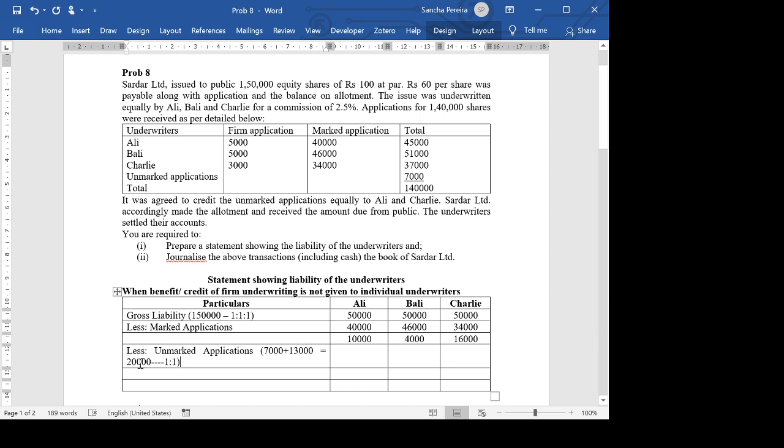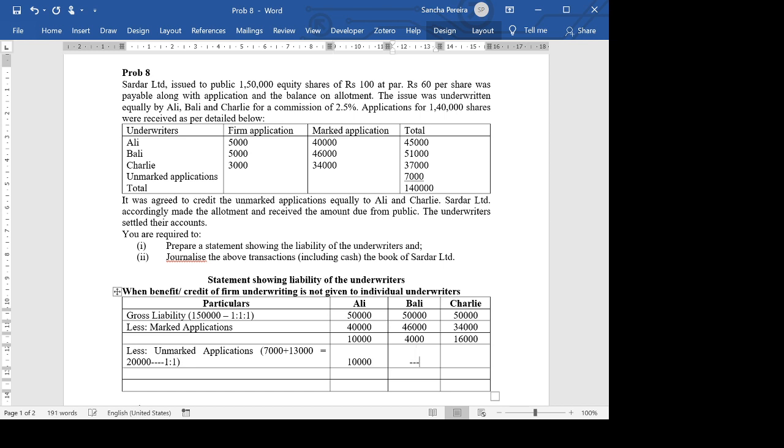So how did I get this 20,000? 7,000, which is your actual unmarked applications. To this, I add the firm underwriting, 5 plus 5 plus 3, 13. And this I divide equally. Now, normally I would have divided in the ratio 1 is to 1 is to 1. But here they've clearly mentioned that it has to be given only to Ali and Charlie. So it will be 10,000.